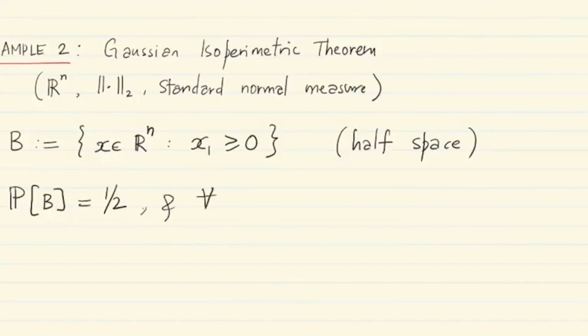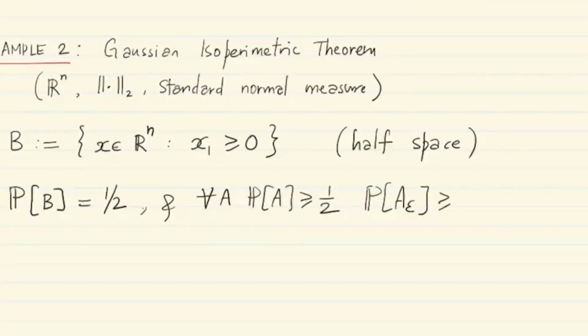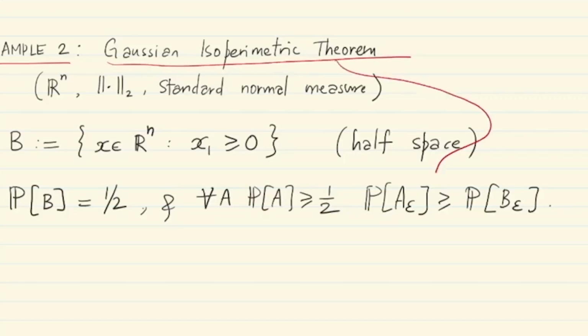And for all A with probability of A at least half, we have that the probability of the epsilon blow up of any such A is lower bounded by the probability of the epsilon blow up of B. So this statement is the Gaussian isoperimetric theorem.